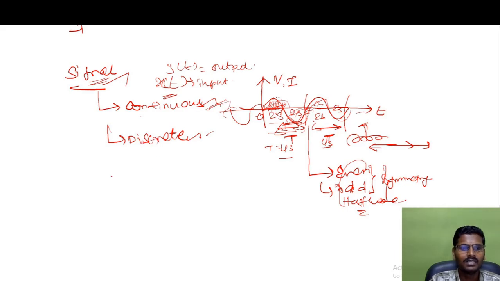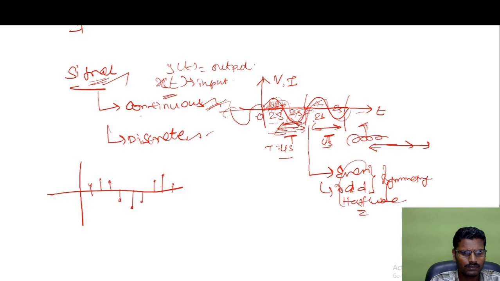The discrete signal will be in the form shown here, and this is the example for a discrete signal. V and I are on the y-axis, and T is on the x-axis. Now look here.